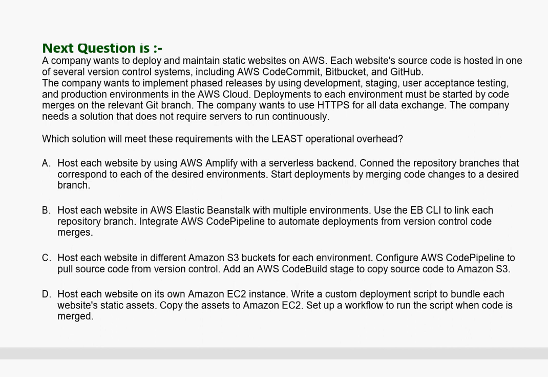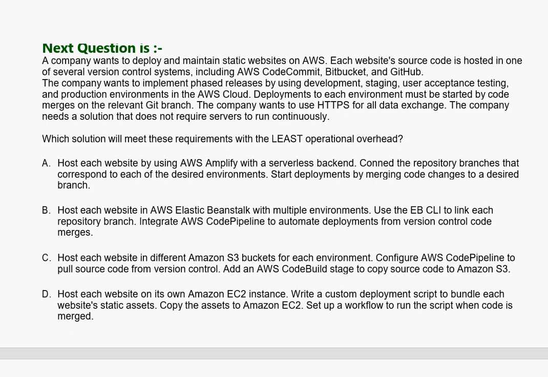Option B. Host each website in AWS Elastic Beanstalk with multiple environments. Use the EB CLI to link each repository branch. Integrate AWS CodePipeline to automate deployments from version control code merges.